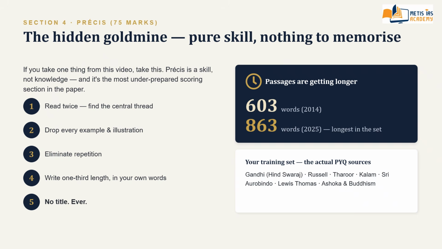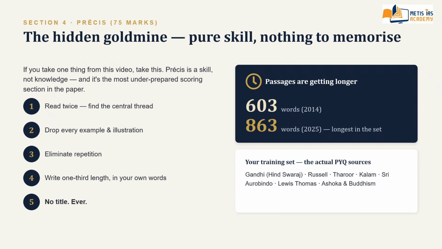Look at the source material UPSC chooses. It is consistently literary and philosophical. Gandhi's Hind Swaraj and the famous means and ends, robber parable. Bertrand Russell on construction versus destruction. Shashi Tharoor on a world safe for diversity.